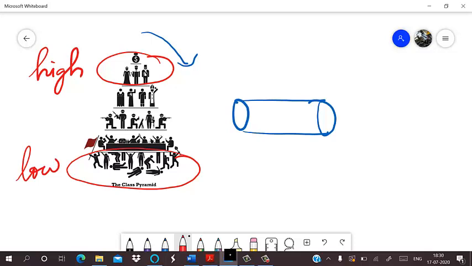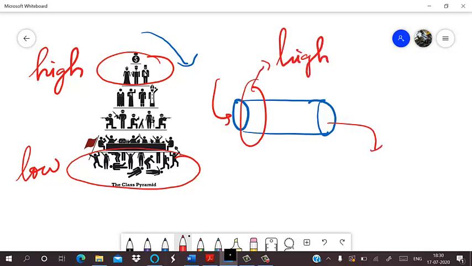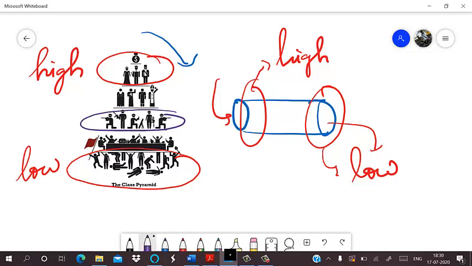Similarly, in a plug flow reactor, when the reactant enters, this area will be high in concentration of reactants, and this area will be low in concentration of reactants. And one more beautiful thing, if you observe this, all the individual sects are very well mixed.